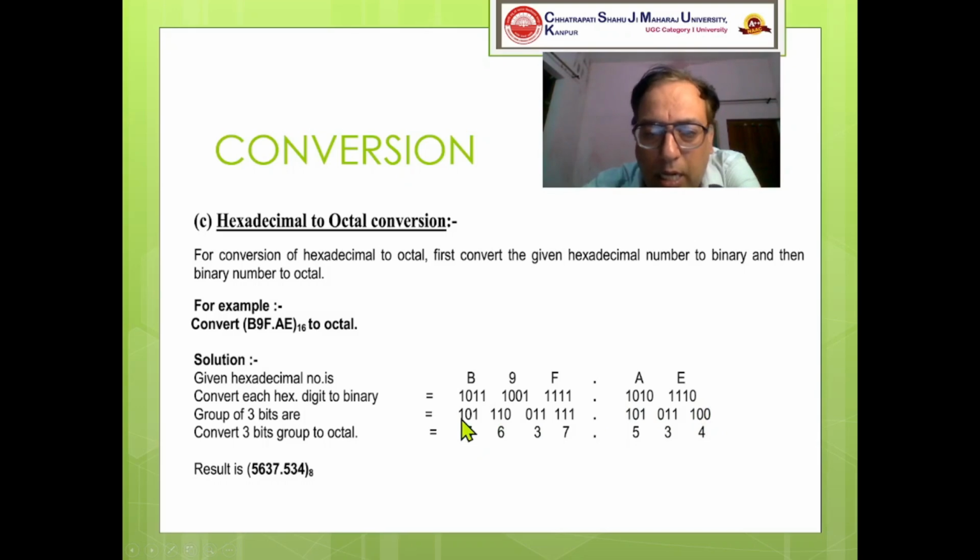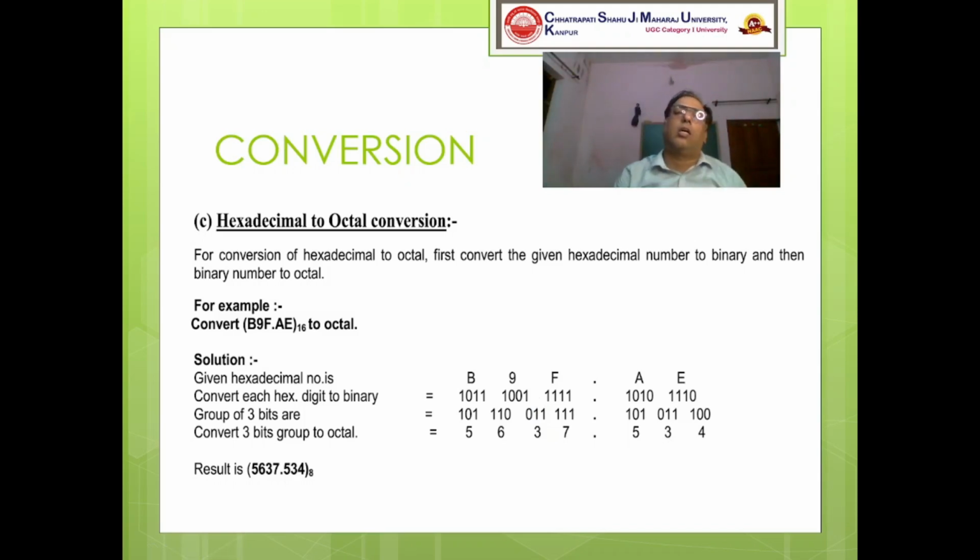Now this 3-bit binary is converted to octal. 101 is 5, 110 is 6, 011 is 3, 111 is 7, and so on. In this way, you get an octal conversion for a hexadecimal number.